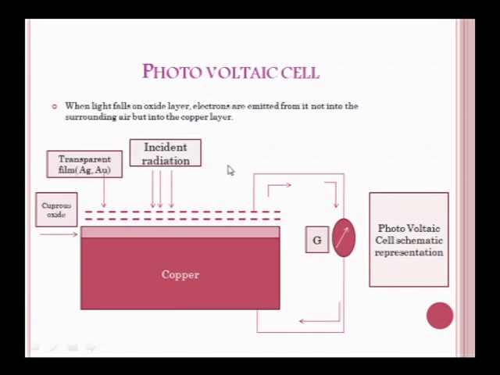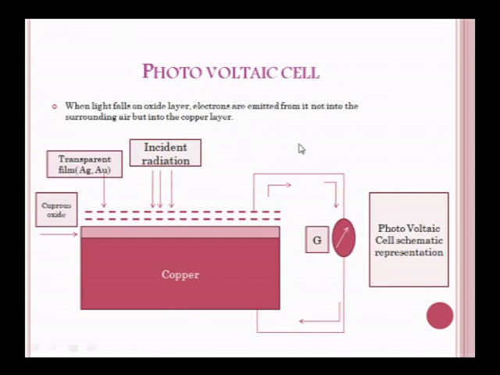Now, that means in this case, whenever the radiations fall, these radiations will be converted to electric current. So, this itself is a source of energy, and these photovoltaic cells are widely used.